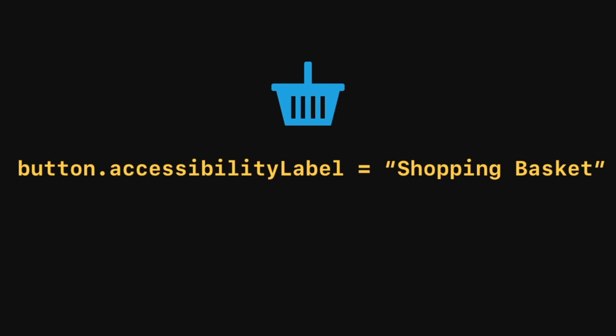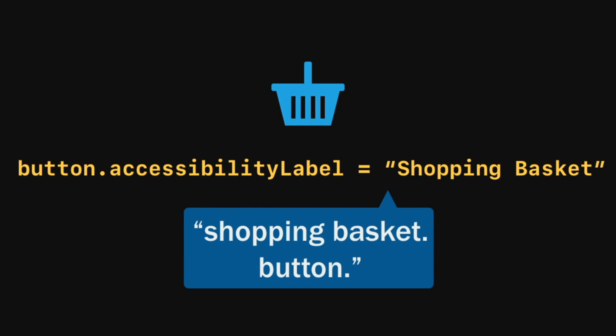So, being the good iOS citizen that you are, you add your accessibility label shopping basket, and voila. VoiceOver now says, shopping basket, button. And off you go, making sure your accessibility labels are all in place, you test it out, ship your app, and pat yourself on the back for a job well done, right?